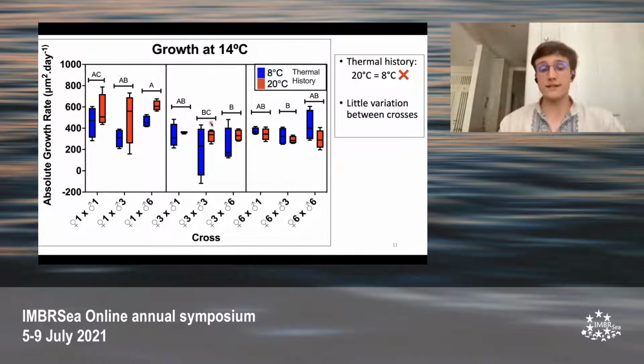And what we noted here is that there were no significant differences in the growth between the thermal histories in any of the crosses, which suggests that this doesn't have much of an impact on the gametophytes once they are in reproductive conditions.